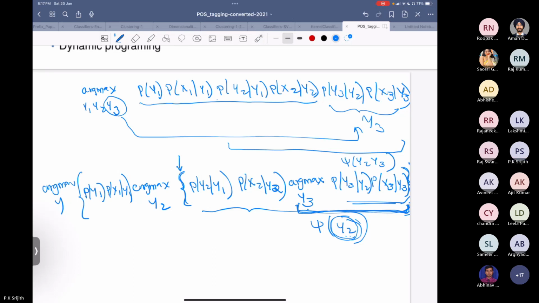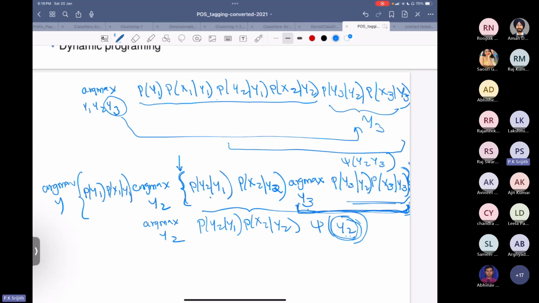And now what I can do is consider P of x2 given y2 and psi of y2 and perform an argmax over y2.